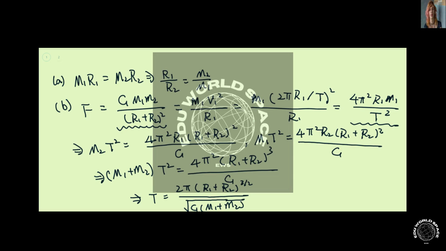We have the sum of the masses times T squared equal to 4 pi squared times the sum of the radii cubed divided by G. We divide by m1 plus m2 on both sides and take the square root. We have the expression of T as shown in the problem.